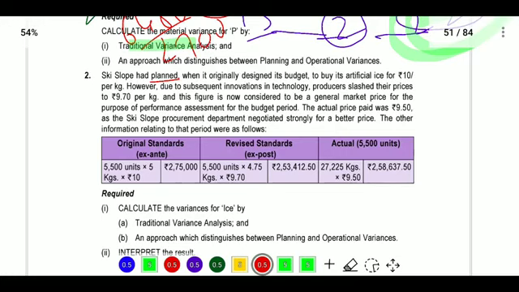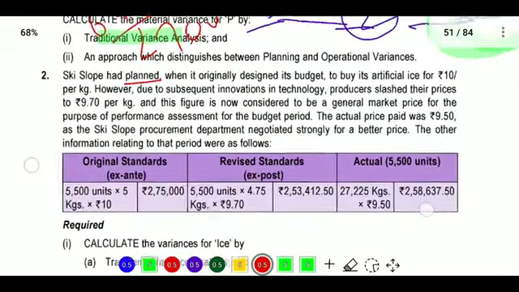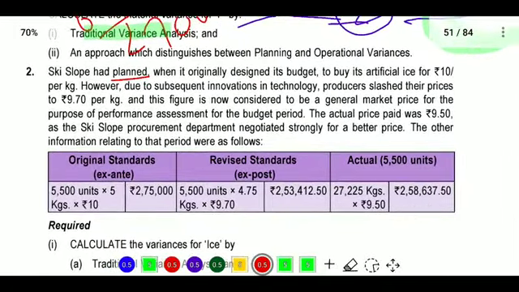Next, however, due to subsequent innovation in technology, producers slashed their prices to 9.7. It will be the change, the revised price. And these figures are now considered to be the general market price for the purpose of performance assessment for the budgeted period.